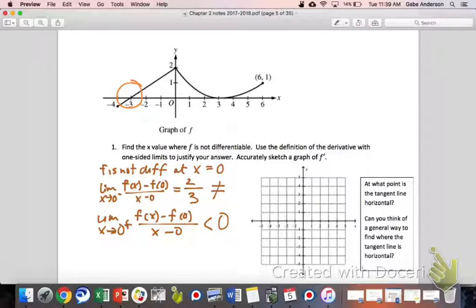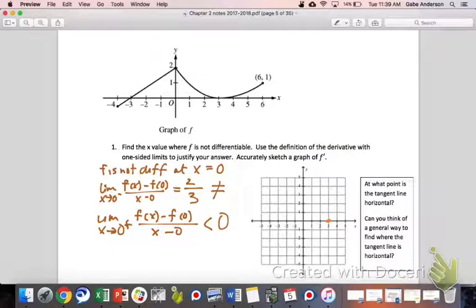Okay, so where do you see f prime being 0? Yeah, right about here, right? Isn't that where the tangent line would be horizontal-ish? Pretty close? Okay. So on my graph down here, when x is 3, I'm going to put a 0. Now here's where it gets interesting because didn't we just talk about a point of non-differentiability?